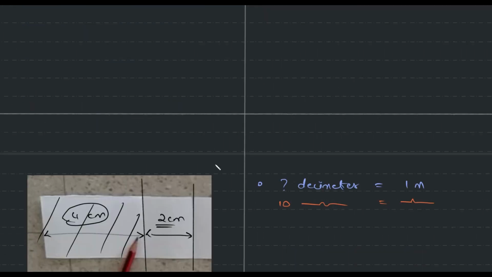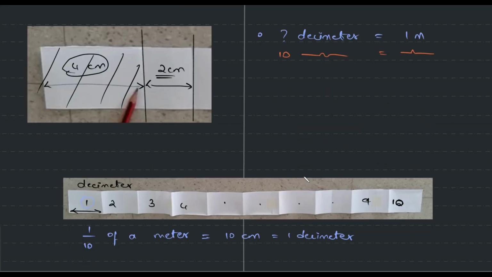So basically, let me go to this explanation. I took one of this, divide it into 10 equal parts. So basically, if I did that, right, what will I get? So I get 10 parts of a decimeter.